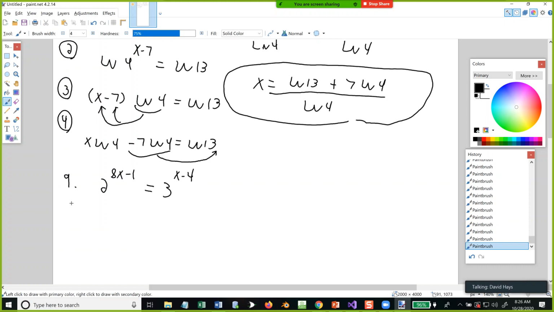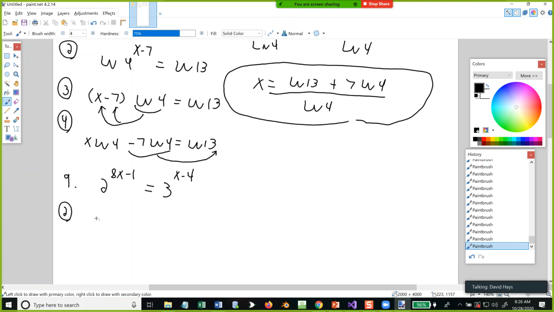Okay, step 1, get the part with the variable and the exponent by itself on one side. Both of these have variables in the exponent, and both of them are by themselves. There's nothing in front of it, there's nothing after it. We simply have 2 to the power, or on this side we have 3 to the power. So that's done.